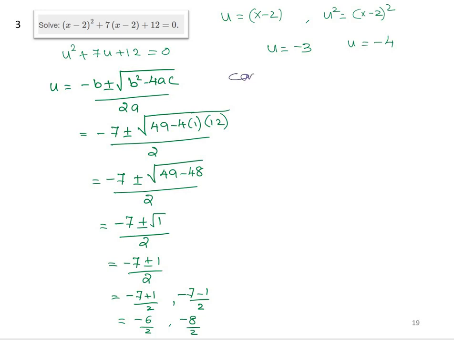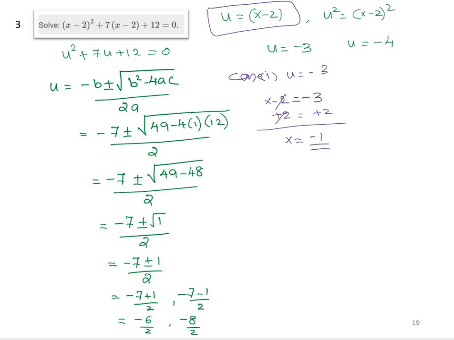Case 1, u equal to negative 3. And what is u? u is x minus 2. So x minus 2 is equal to negative 3. We need to find the value of x. So we can eliminate that 2 from there. Plus 2, so cancel out. x is equal to negative 3 plus 2, negative 1.